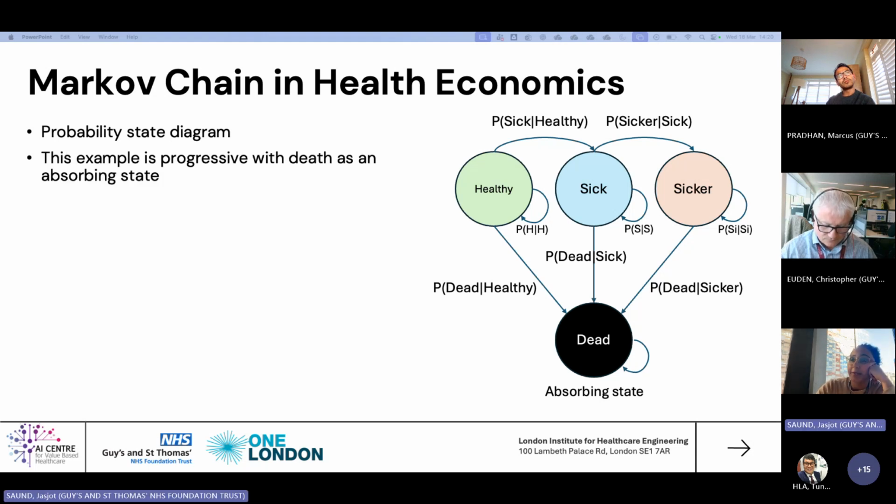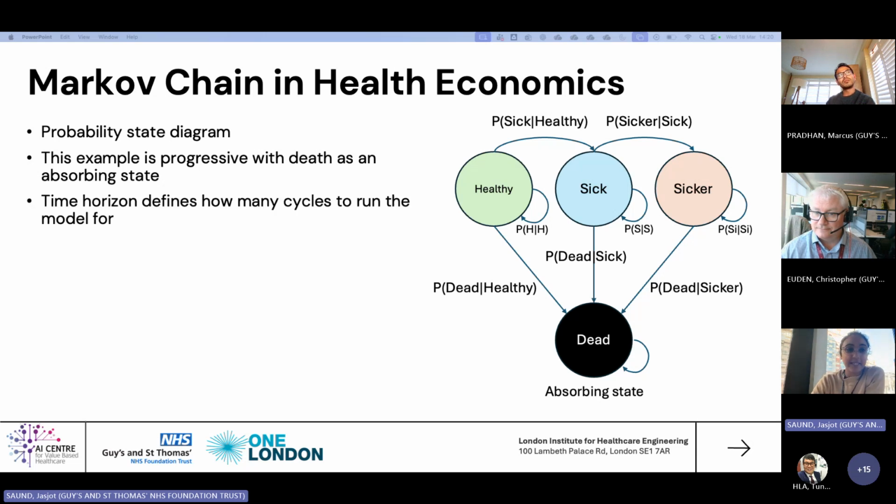So this example has an absorbing state, which is death, because as you can see, all the arrows eventually lead there. Basically, everyone is going to die. Exactly. Once you're dead, you hopefully stay dead. So if you ran this model over a long period of time, all of your cohort will be in the dead state. That's called the absorbing state. How long you run the model for is called the time horizon.